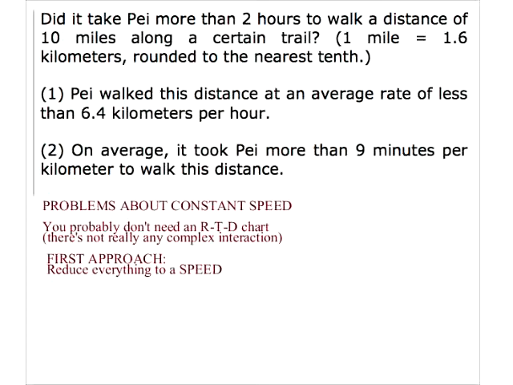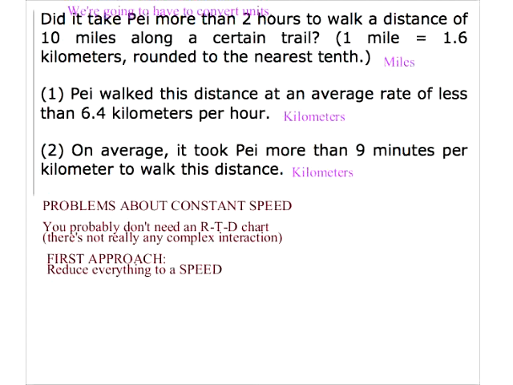We're talking about miles in the problem, but in both of the statements it's given in terms of kilometers. So it might be easier to just convert the miles into kilometers, because then you only have to do it once.